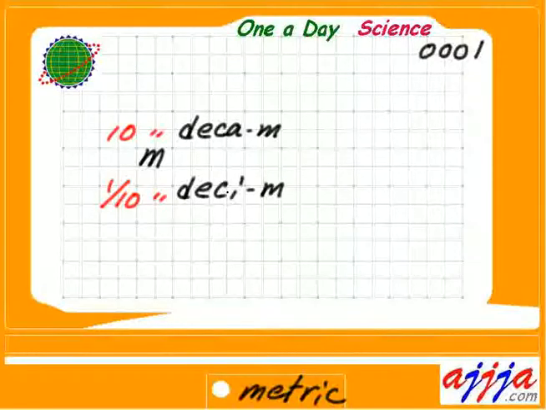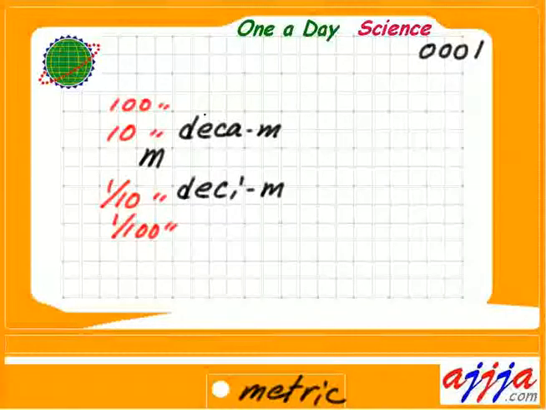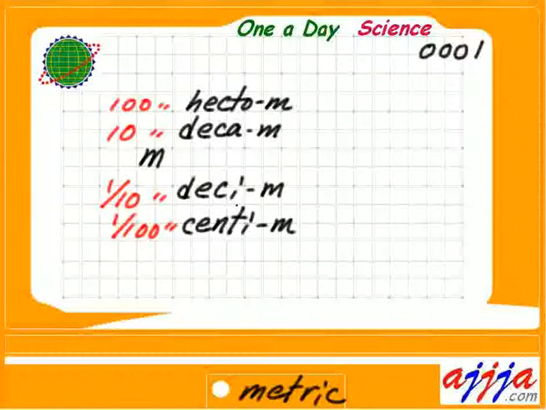What about 100 meters, or 1/100th? That means 1 divided by 100 meters. 100 meters we call hectometer. What about the 100th? Centimeter. Let's talk about 1,000 then.